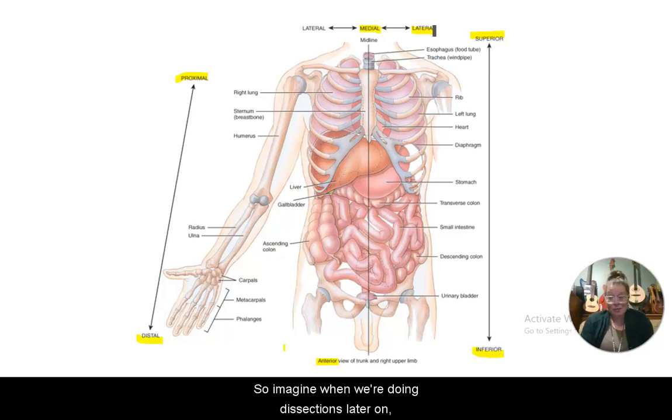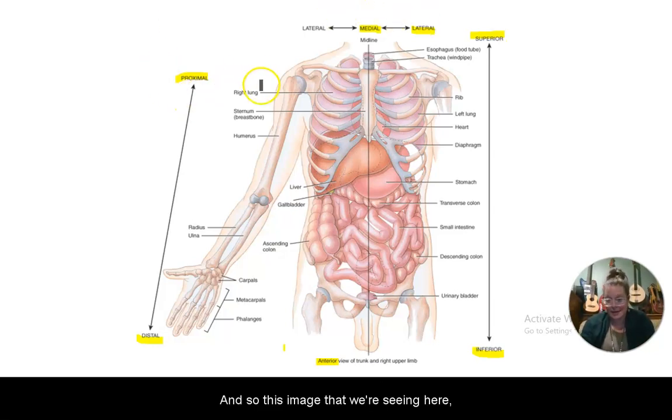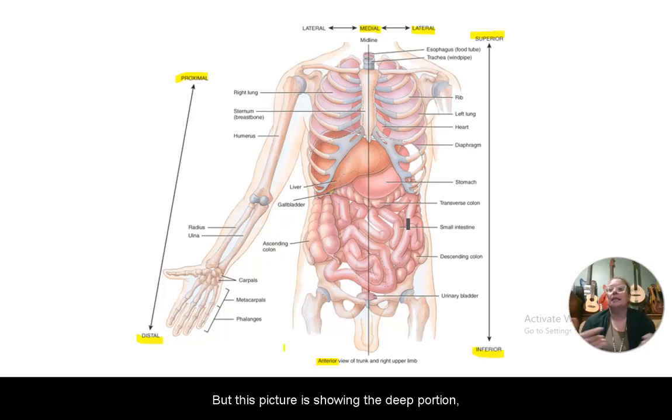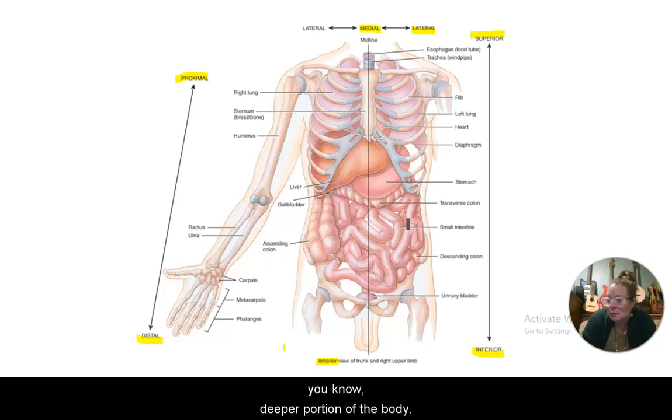Imagine when we're doing dissections later on, we will cut using scalpels and scissors to go deeper within the body. In this image that we're seeing here, we can see all these organs. It's giving us the see-through version of these different components, so you can have some idea of where these structures are located. But this picture is showing the deeper portion of the body.